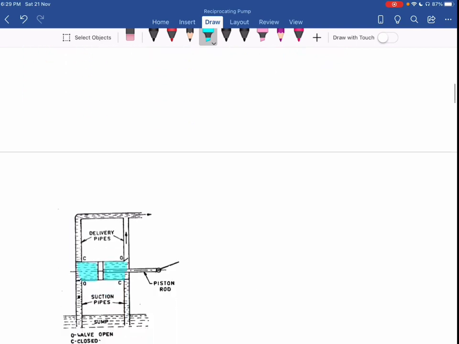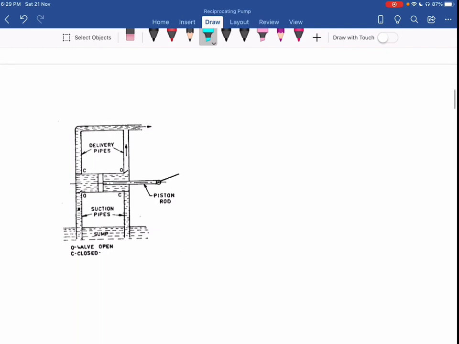Now you can see how this pump works. Okay, so my rotation of crank from 0 degree to 180 degree, you can see, the piston moves from left to right. So during that, you can see the water comes from sump and collected over here. Okay, and from this side, the water goes to the top toward the delivery.